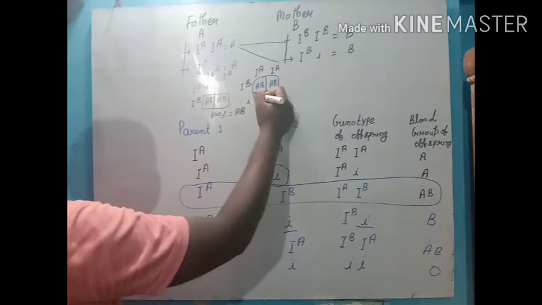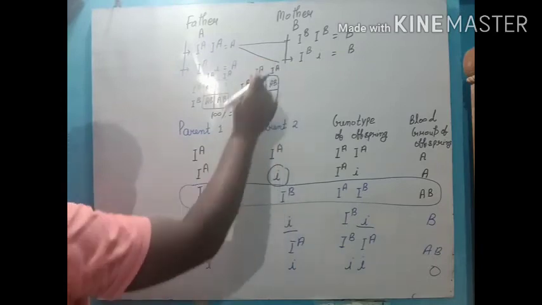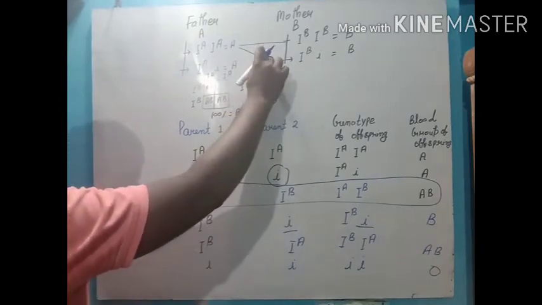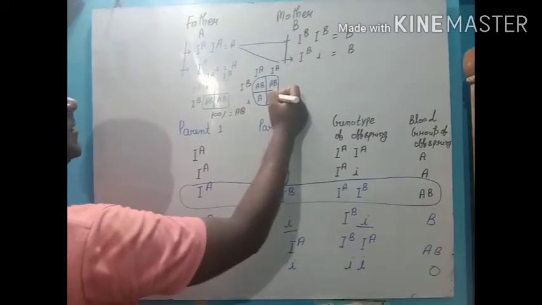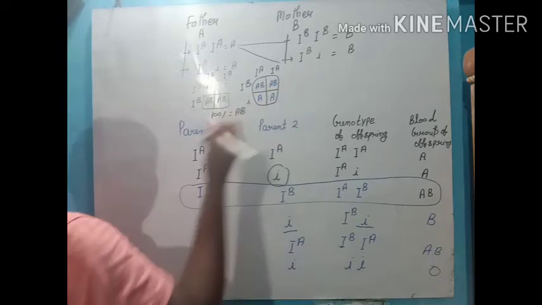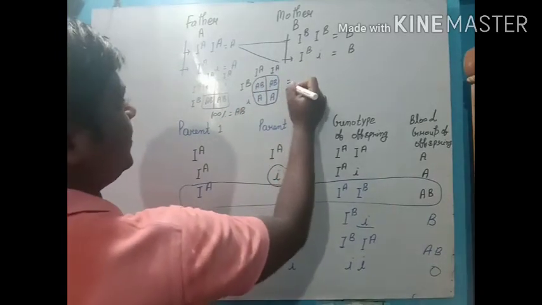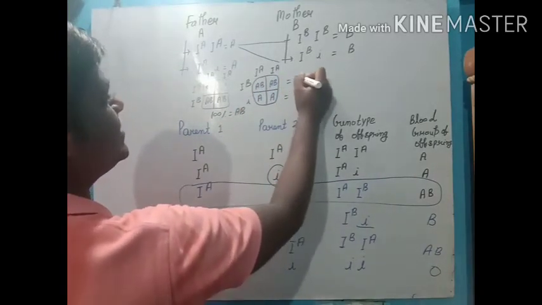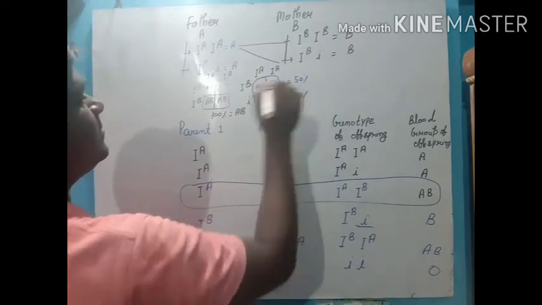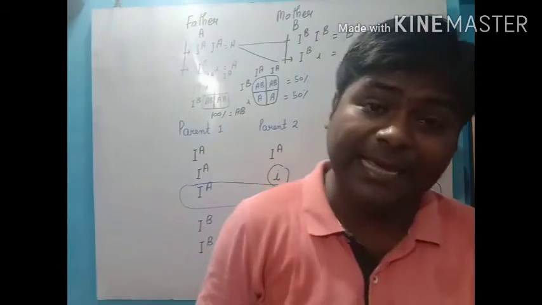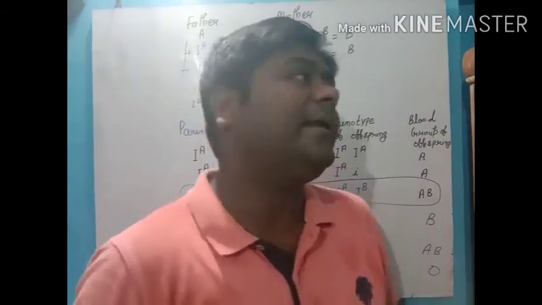And this one is A, because it is recessive, it is dominant. So what is the blood group in offspring? A. So when we calculate, 50% AB and 50% blood group A. That is the probability method.